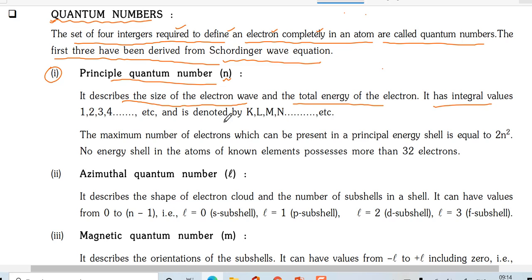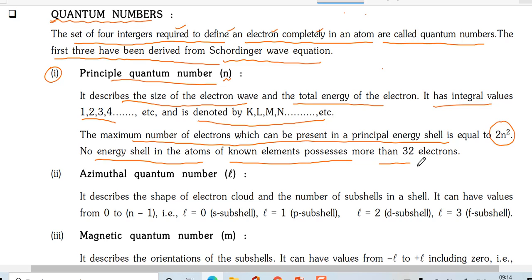It has integral values 1, 2, 3, 4, and so on, and it is denoted by K, L, M, N, etc. The maximum number of electrons which can be present in a principal energy shell is equal to 2n squared. No energy shell in the atoms of known elements possesses more than 32 electrons.